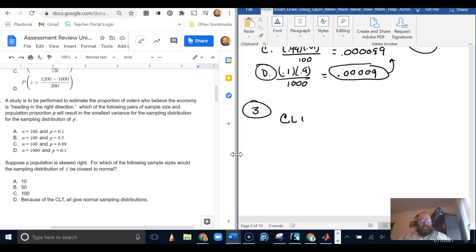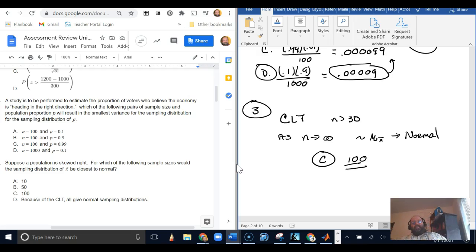Okay, so central limit theorem not only says that we have to have n greater than 30, but it also says that as n gets larger, the distribution of the mean of the x bars gets closer to normal. So what we want to do is pick the largest sample size here, which would be C at 100.